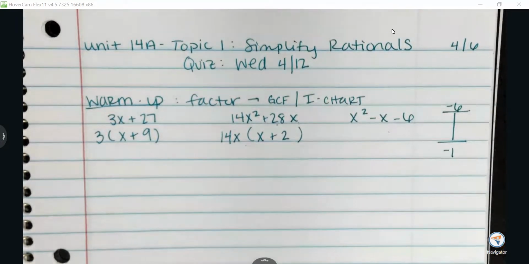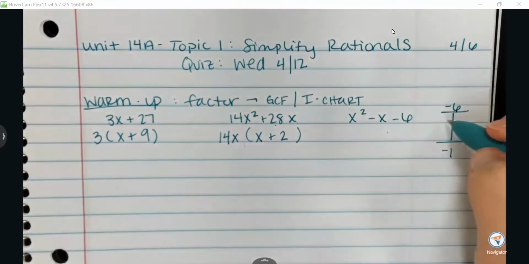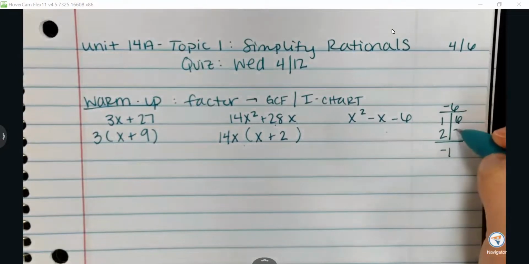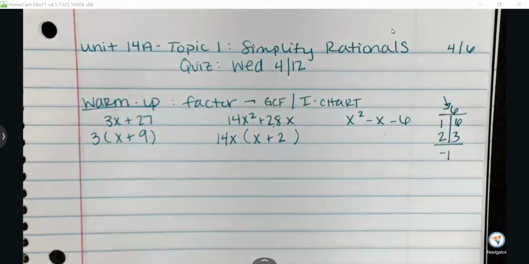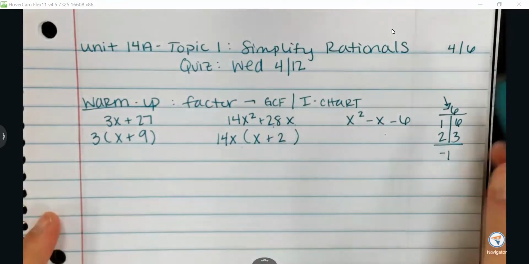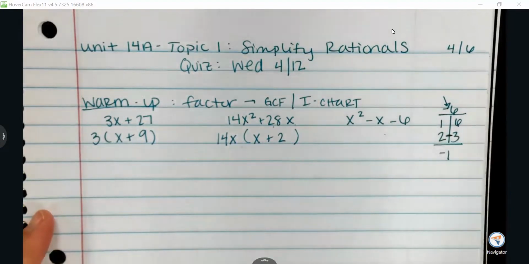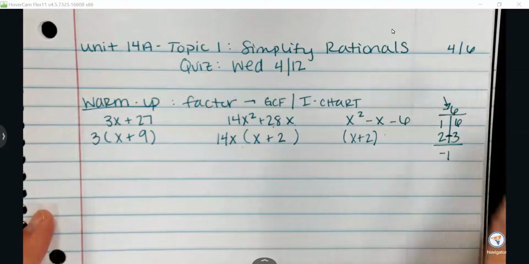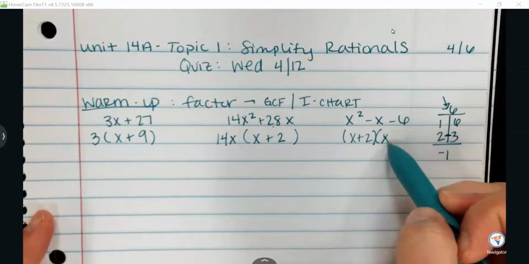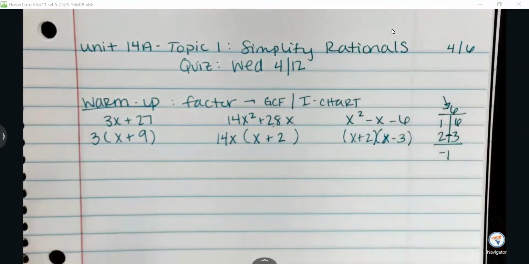So -6 is at the top and -1 is at the bottom. Am I adding or subtracting? I'm subtracting right there. It tells me I'm subtracting. Okay, so what numbers can I subtract to get -1? 2 minus 3. So in my first parenthesis is x plus 2. And in my second parenthesis is x minus 3.